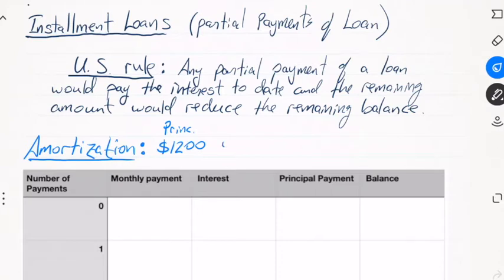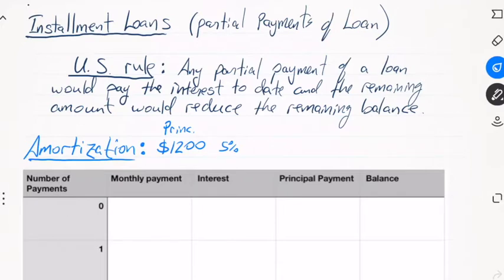Let's say we are being charged 5% APR, obviously compounded monthly, but the compounding will be part of this table, and you'll see that in a little bit. And let's just, for instance, say I want to pay this off over 3 installments. So my table only has 3 payments on it.